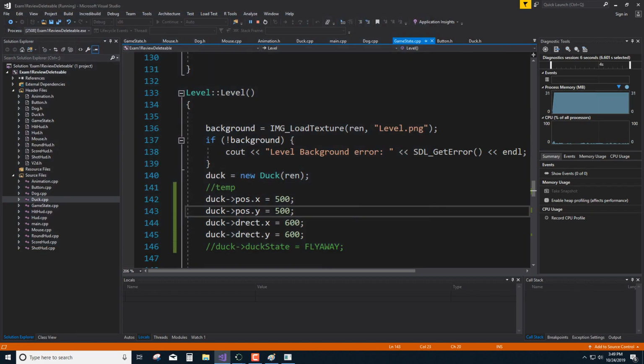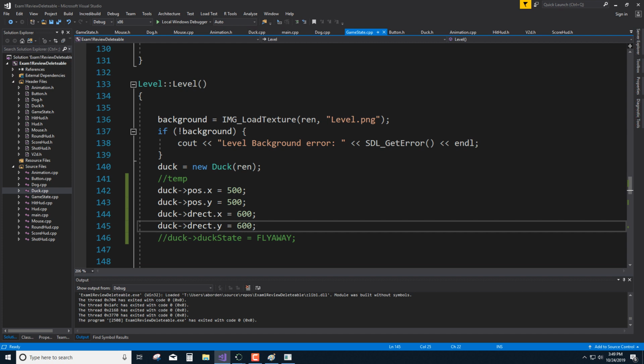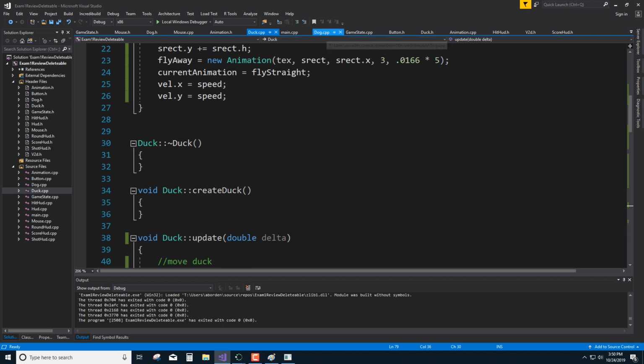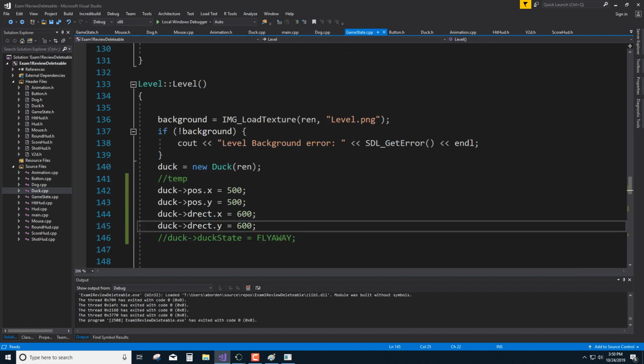There he goes. Sorry, these should be the same. These should not be different.